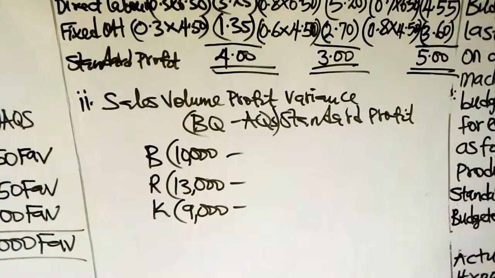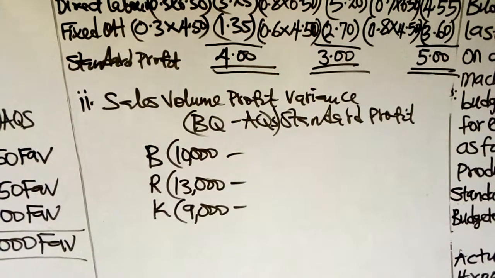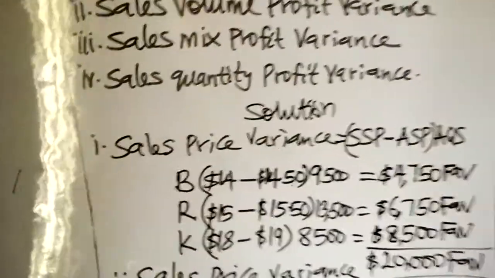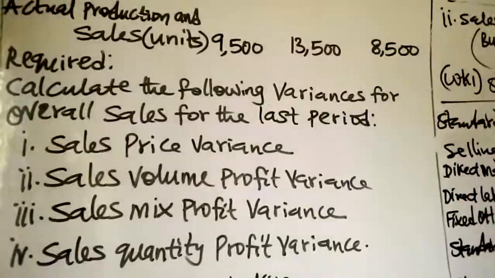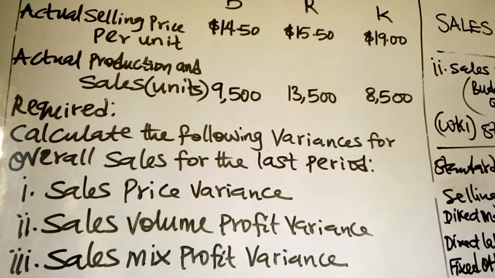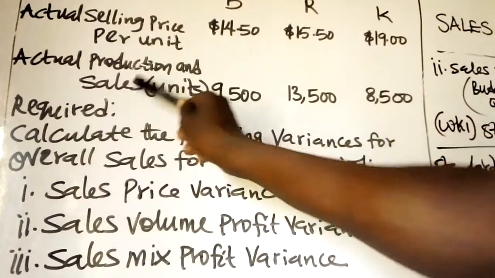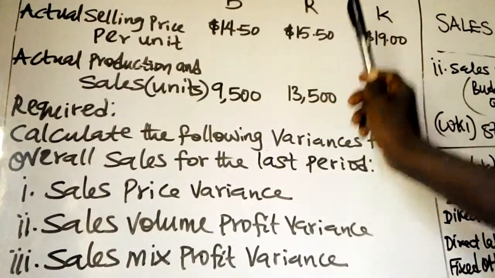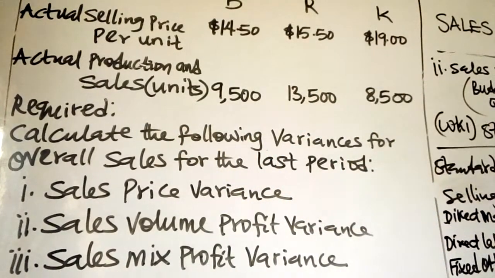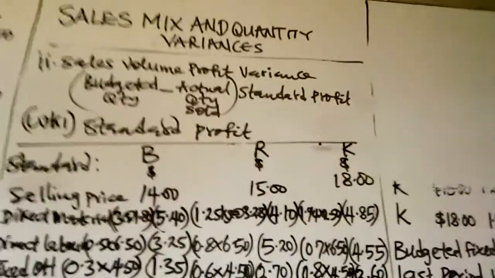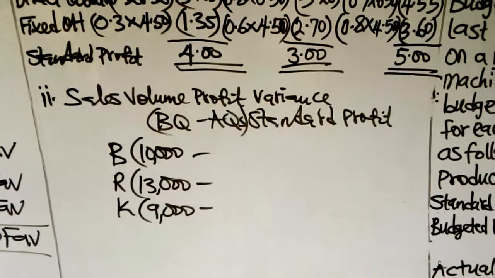Minus actual quantity sold. What is our actual quantity sold? The actual production and sales units are 9,500, 13,500, and 8,500.